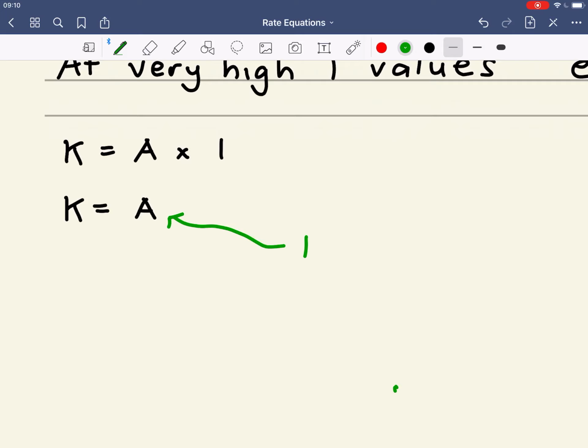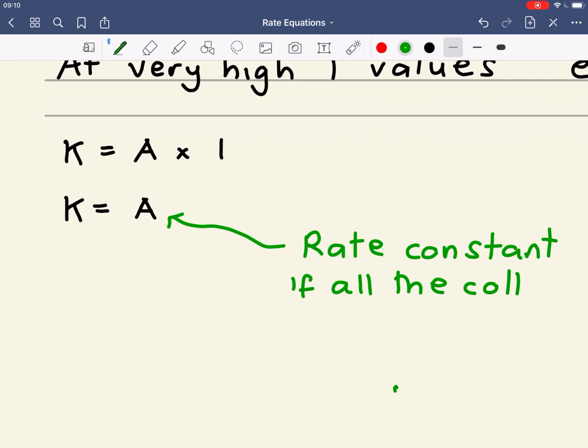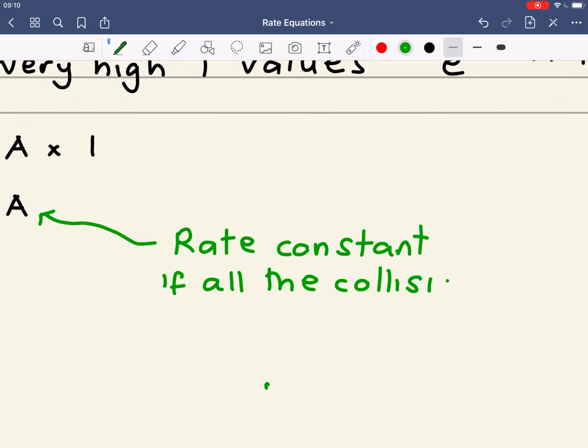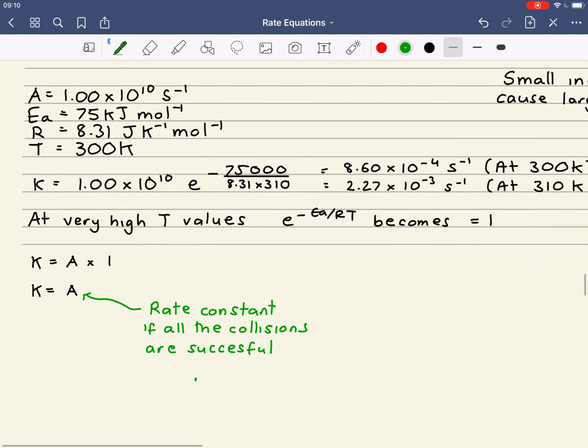A is the rate constant if all the collisions are successful. And they will be at infinitely high temperatures. And that's why this Arrhenius constant is so very, very large, because it's what the rate constant would be at infinitely high temperatures.